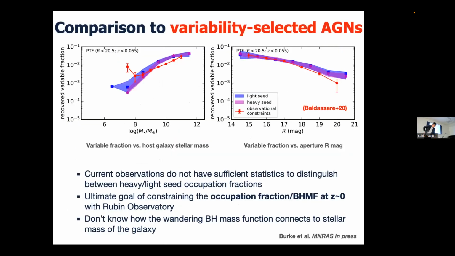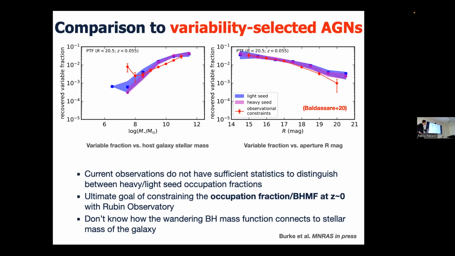Okay, so the end result. We've plotted now using our forward model, where we put in the simulated light curves, except we added the cadence that you would expect to match Vivian Baldassarre's results from the PTF survey.